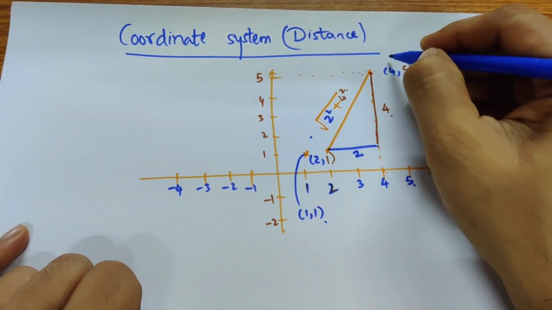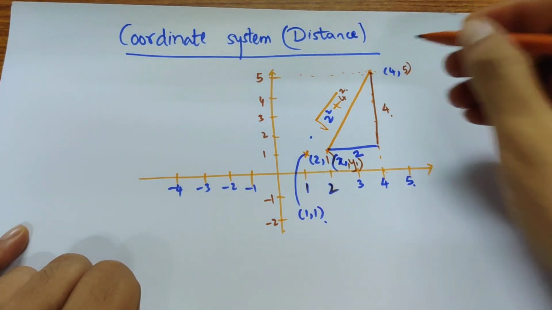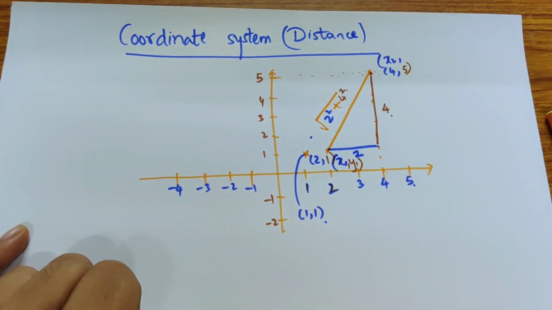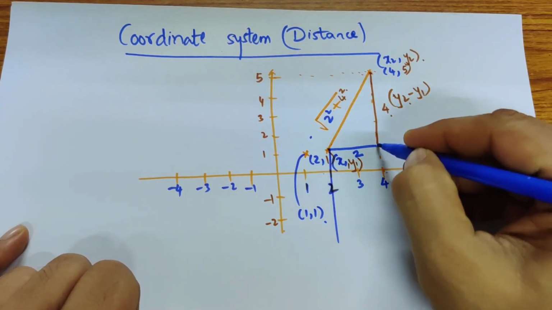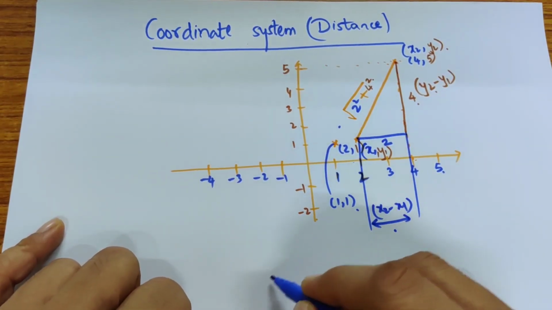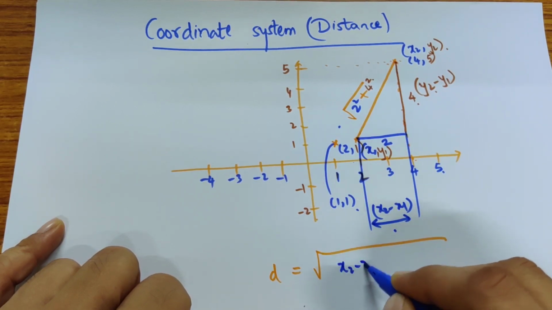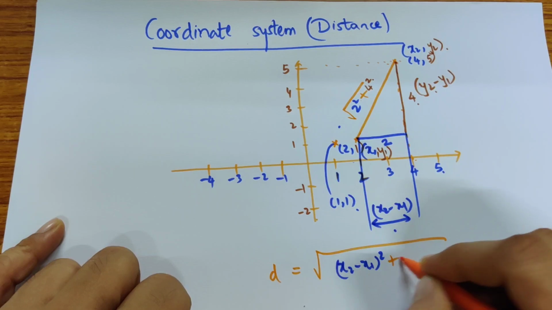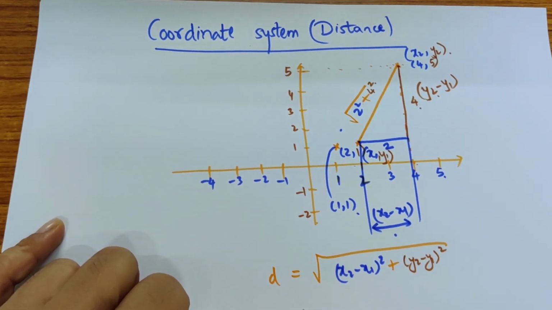But if this point was x1 and y1 and the last point was x2 and y2, then the vertical distance will be y2 minus y1 and the horizontal distance will be x2 minus x1, and hence the distance, let's say d, is equal to square root of, and this is important. So this is the distance.